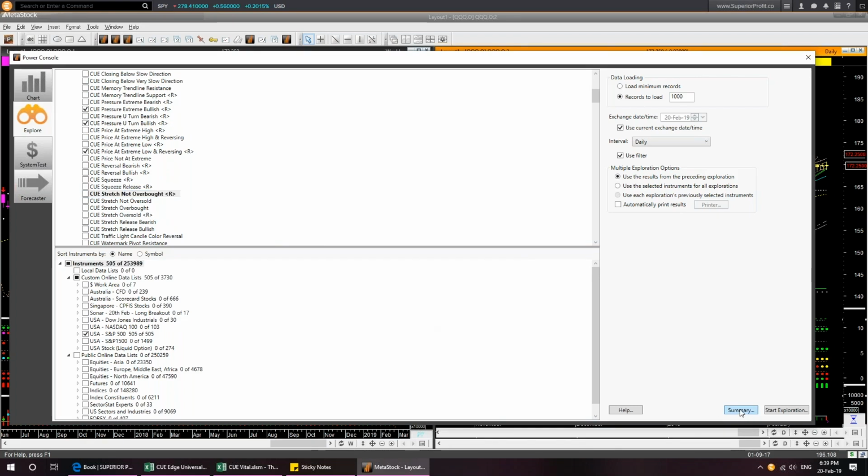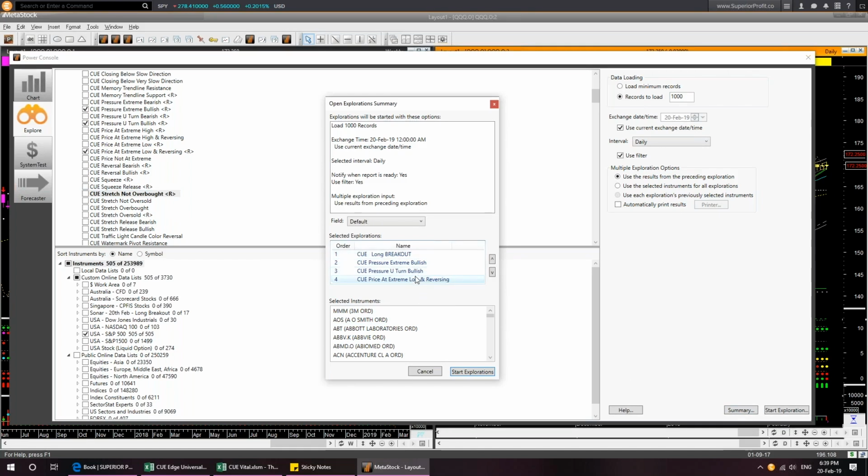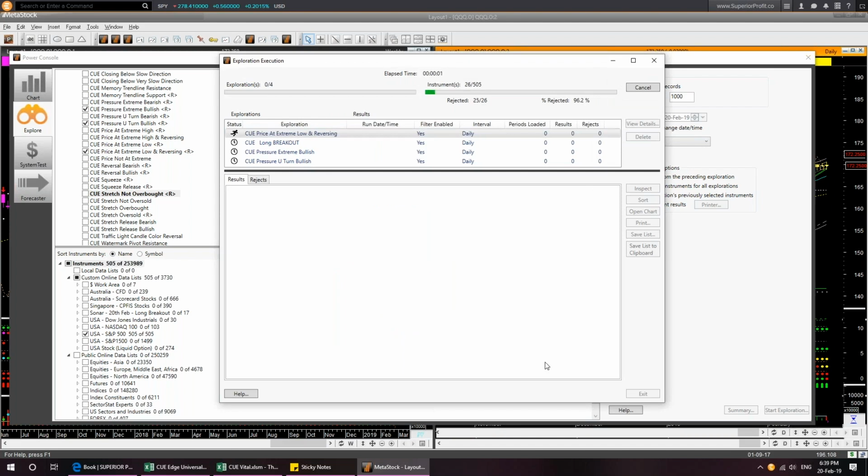So I reduced the scan that avoided overbought stocks, and I'm going to order them again, looking for stocks at extreme low and reversing, breaking out with pressure extreme and hopefully with bullish U-turn as well. And I'm running the explorations again on the same 500 plus stocks. And I may use that opportunity to take another sip of water.